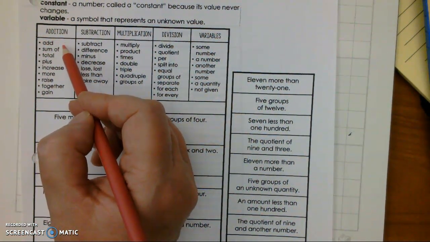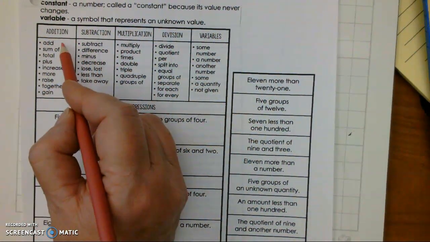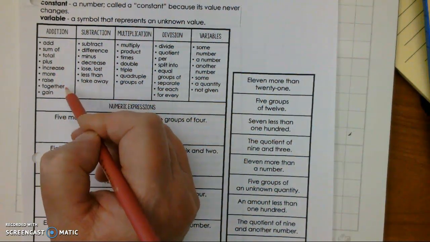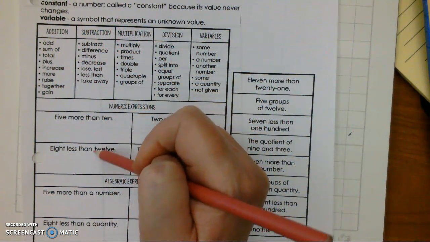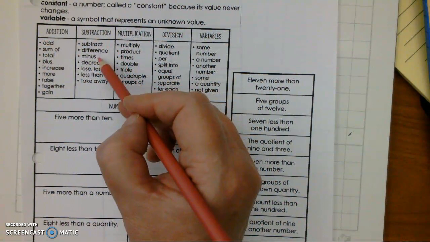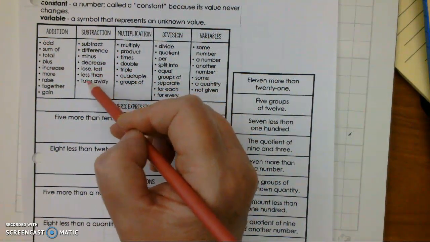So like if you think it might be looking for addition, you might see words such as add, sum of, total, plus, increase, more, raise, together, gain. If they're asking you to do subtraction in the word problem, you're going to see subtract, difference, minus, decrease, lose, loss, less than, take away.